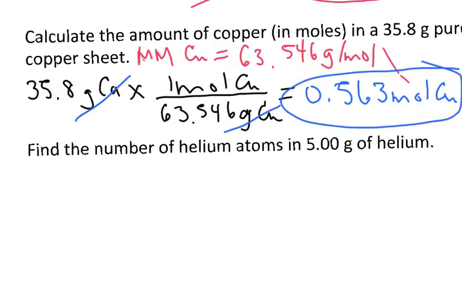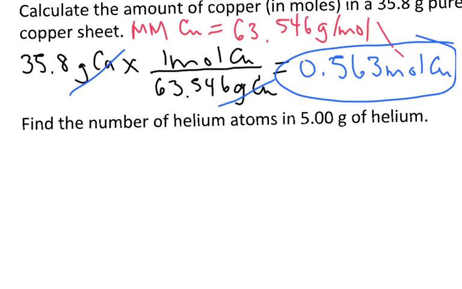Okay, so let's look at this next problem. So we want to find the number of helium atoms in 5 grams of helium. So we have a mass of helium, and we want to find the number of atoms.